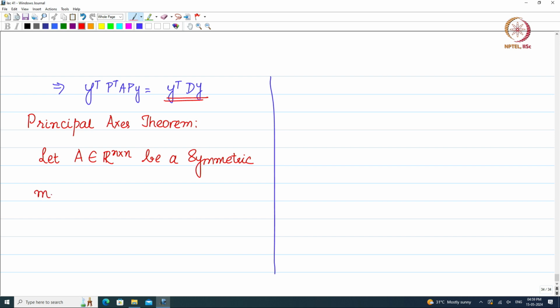Symmetric matrix. Then what it says is, we have an orthogonal change of variable.